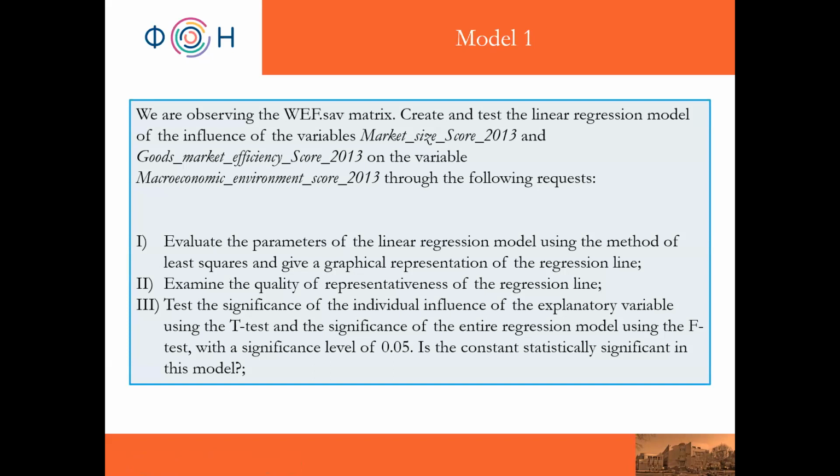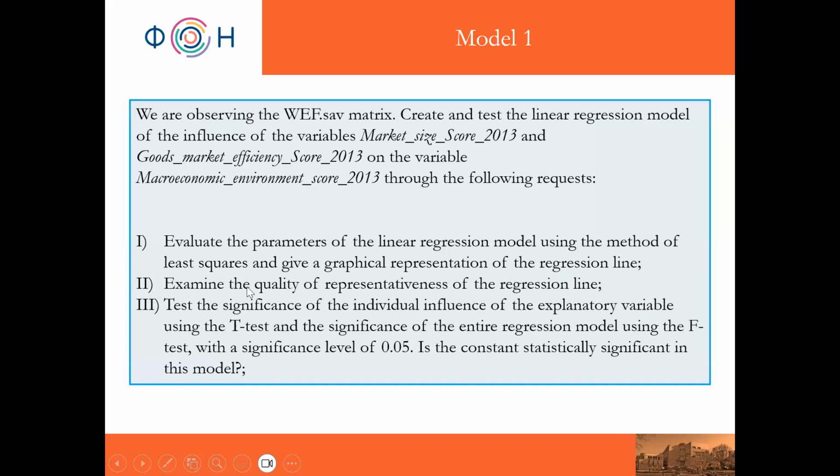For the first task, we have to create and test a linear regression model of the influence of the variables market size score and goods market efficiency on the variable macroeconomic environment score. We have three additional requests besides just creating a linear regression model. Our first subtask is to evaluate the parameters of our linear regression model.